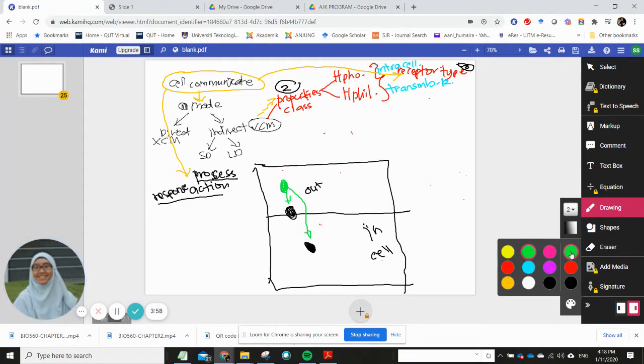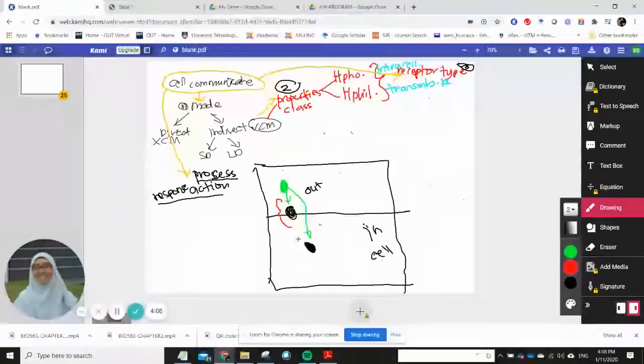Okay, let's put it in red color. So interaction of the binding of the ligand to the receptor. Okay, so interaction. Ligand receptor interaction.